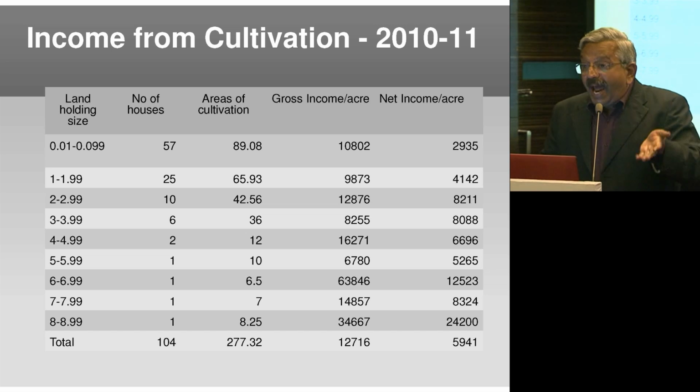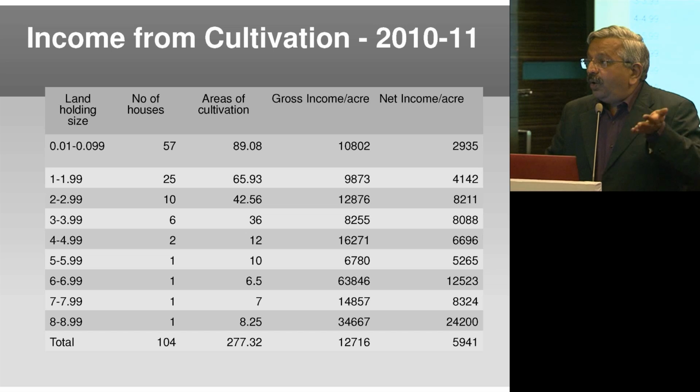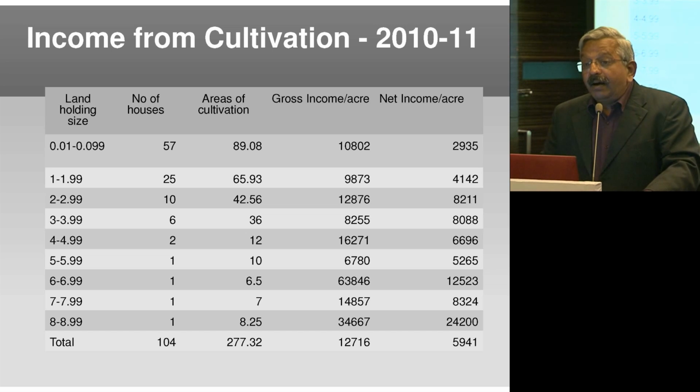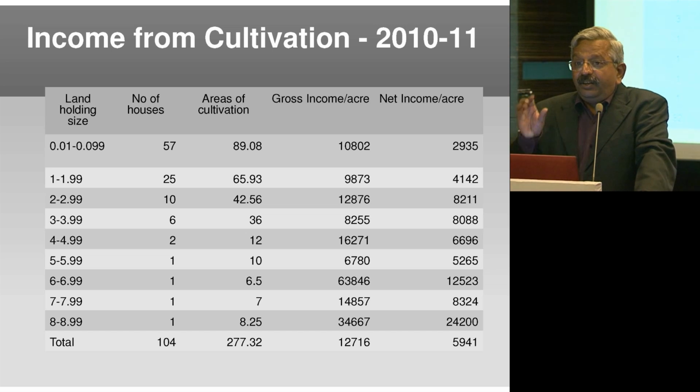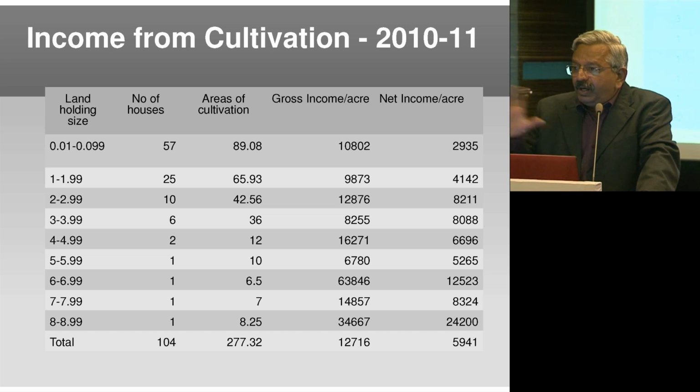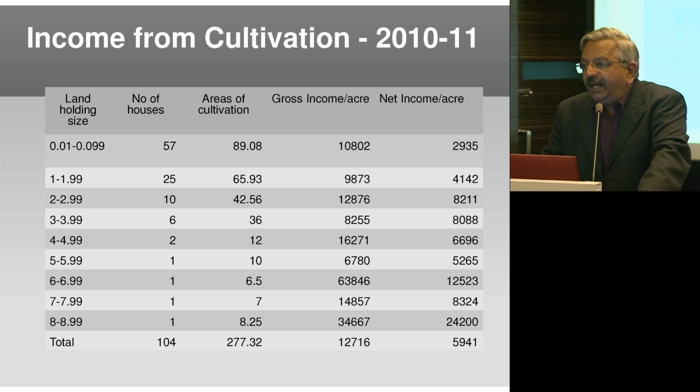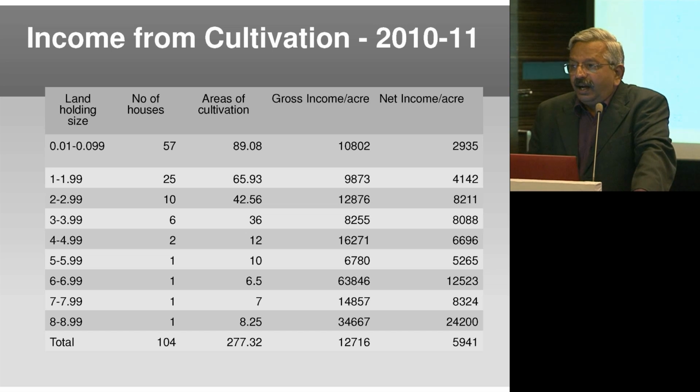So when you do okay, in an okay year or a good year, the better off farmer does much better. But in a bad year, in a comparable way, the poorer farmers suffer much more.